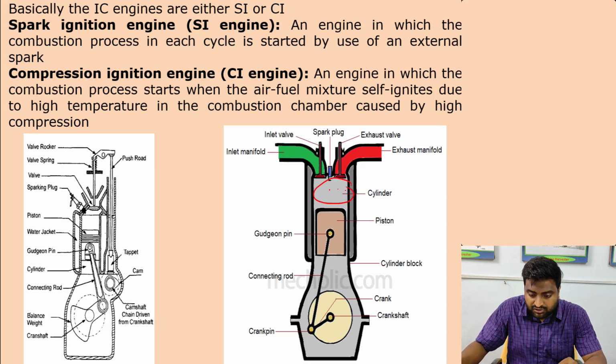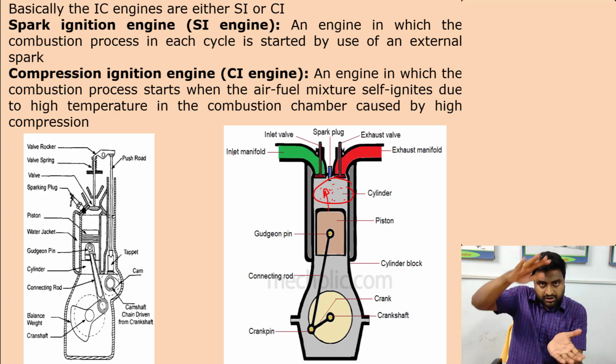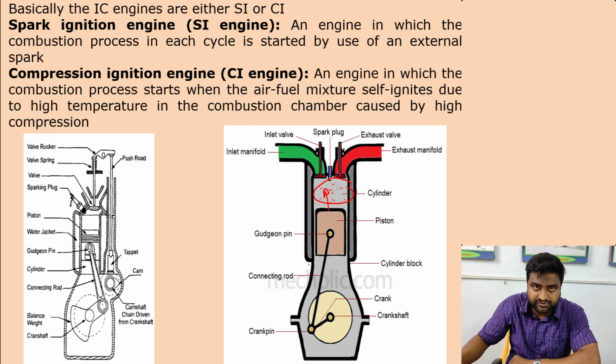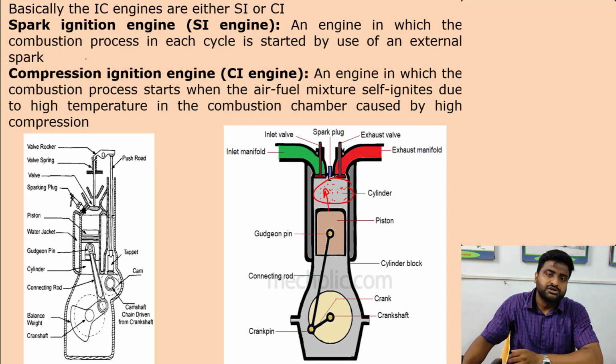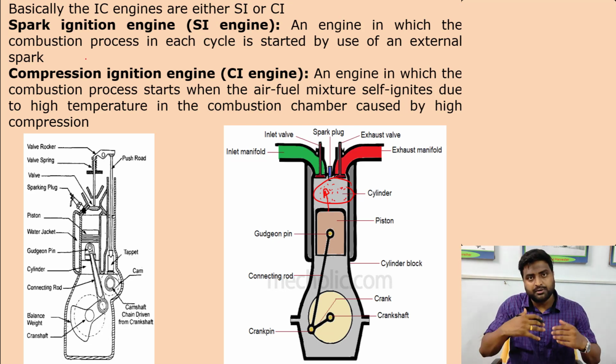Due to high compression, that means the air is compressed like this, as a result the temperature and the pressure increase. So this self-ignites the fuel mixture or air, and as a result the combustion occurs. The fuel is compressed and ignites, that's why it is known as compression ignition.